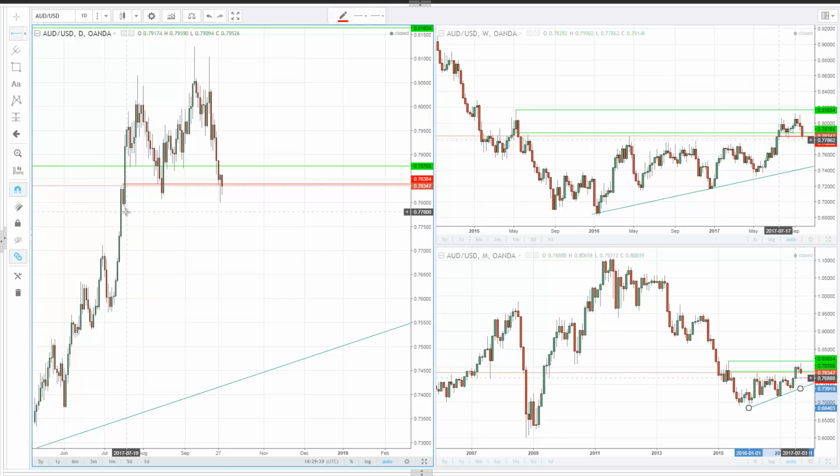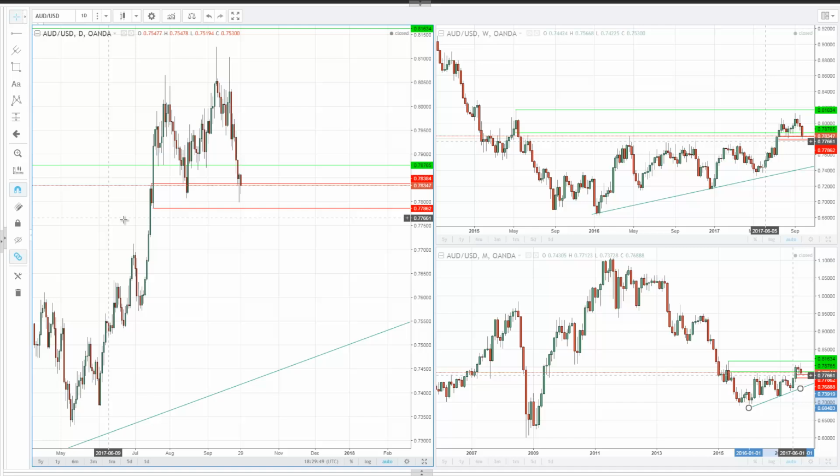Let's mark out this demand. So as you can see, price created that continuous demand zone and then broke it up, came back after a couple of weeks and retested.